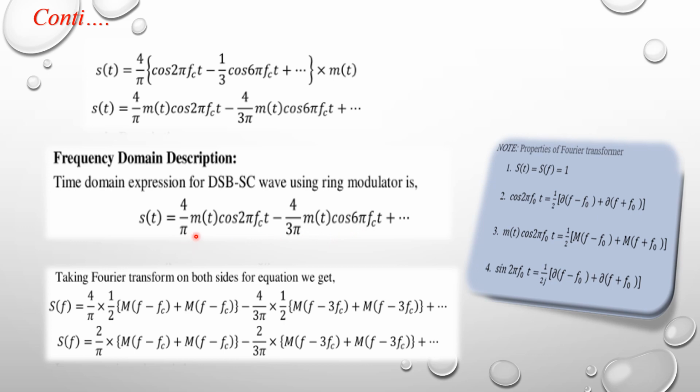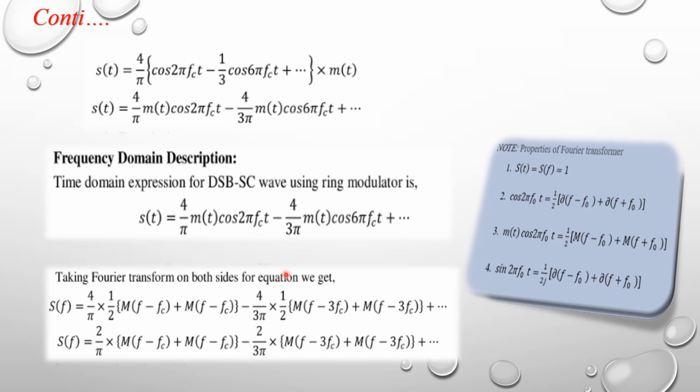So take the Fourier transform on both sides and apply the third property. S(f), the transform of s(t), is equal to 4/π times the transform of m(t) cos 2πfct, which is 1/2 [M(f − fc) + M(f + fc)]. So here f₀ is equal to fc.